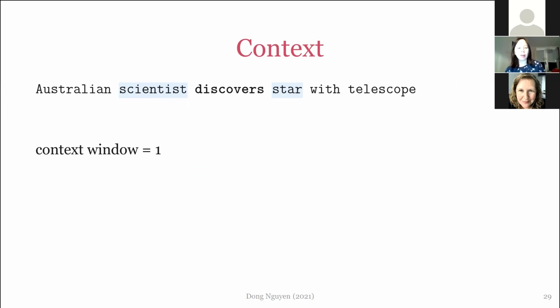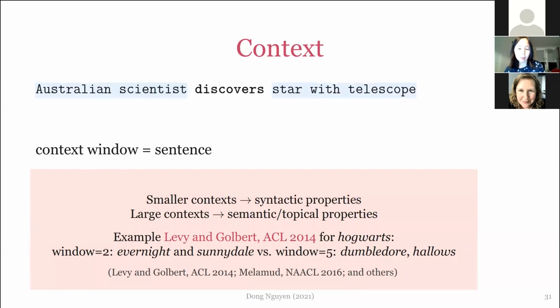Here we say the window is 1, so we just take one word to the left or one word to the right. But you can also increase the window to 2, or take the whole sentence as the context. What research has shown is that if you take a smaller context, then these words tend to learn syntactic properties, and if you take a larger context, then they tend to learn semantic and topical properties.